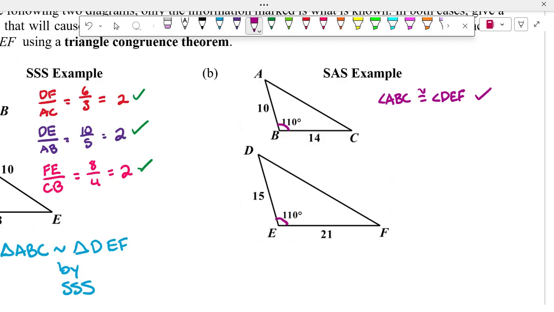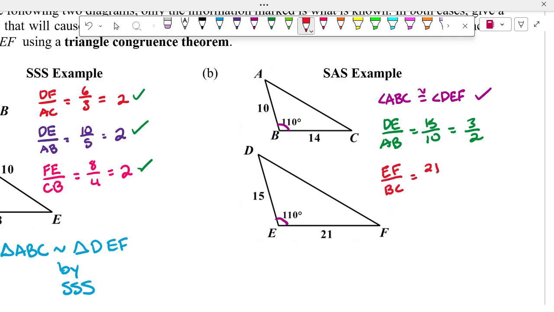Now I got to check to see if the sides are proportional. So I'm going to do DE over AB. So that's 15 over 10, which simplifies down to what? 1.5, or as a fraction, 3/2. Then I'll do EF over BC.